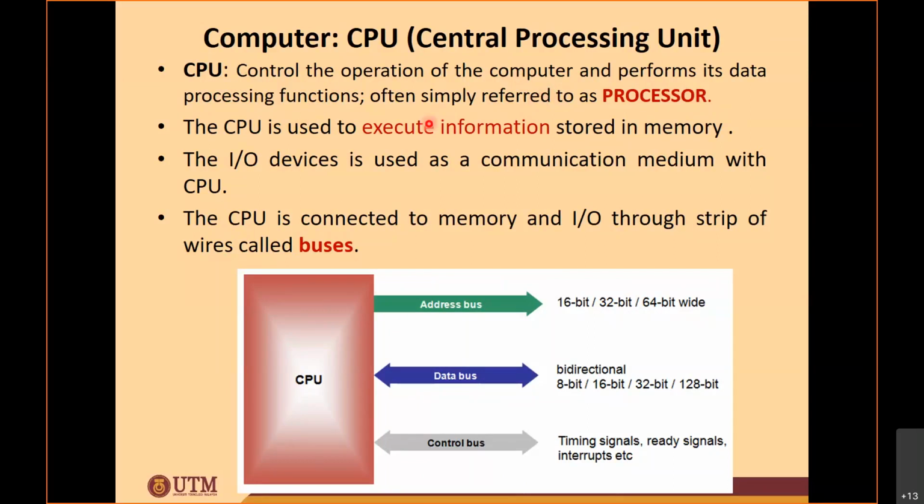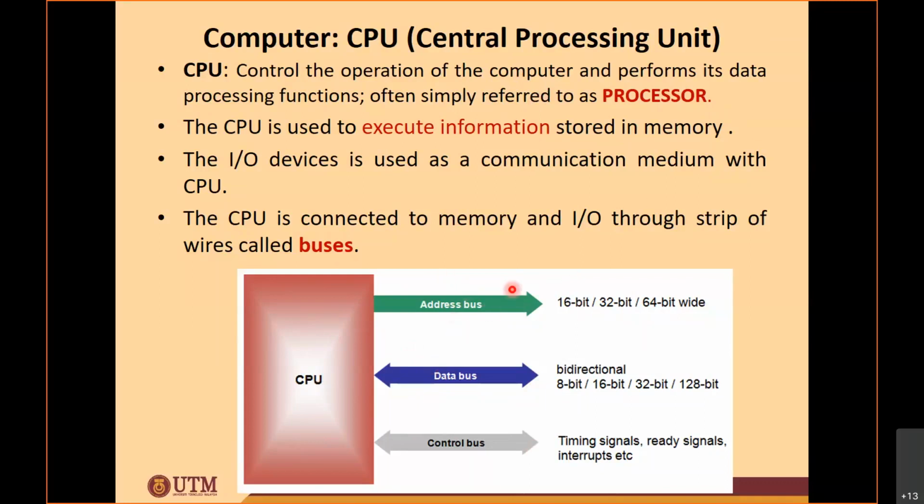In order to connect this CPU with the memory and input-output, we need to have buses for communication between the CPU and the memory, and the CPU and the input-output.